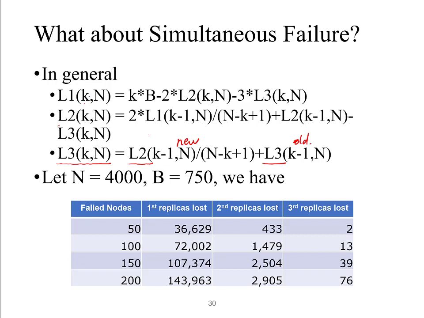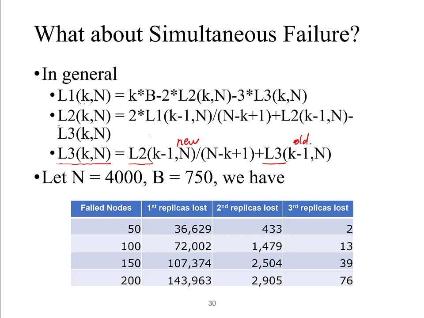If we do the recursive computation here, let n equal 4,000 and b equal 350. Those numbers are what we used before. So here's what we have.